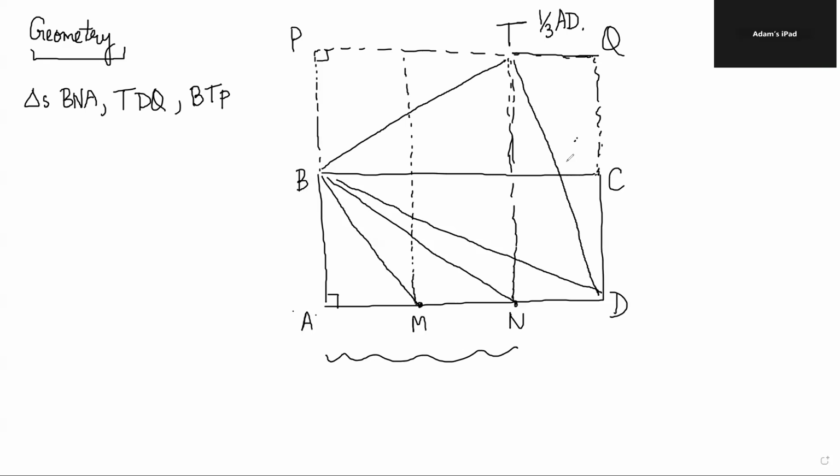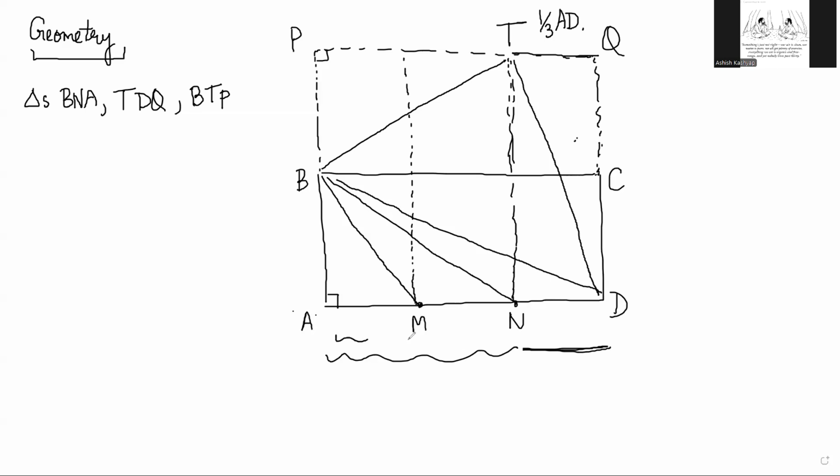It looks the same. No, one second. This TQ length is the same as DN, and this is twice of AB. In the other triangles, there is a difference.